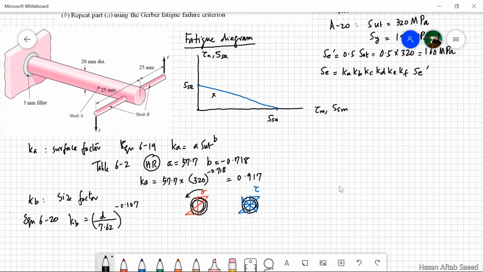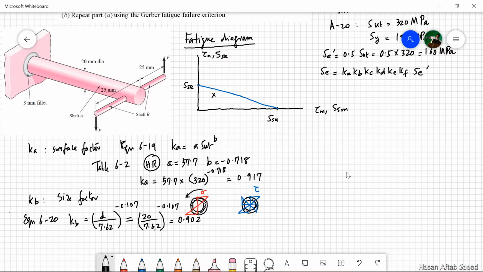Now in this case, D has been given as 20, so 20 over 7.62 to the power minus 0.107, and if you calculate this, it turns out to be 0.902, and you would have guessed it, because 20 is greater than 7.62. 7.62 happens to be the diameter of the rotating beam specimen. So the bigger the size, the greater the chances of flaws there. So you get a value less than 1.